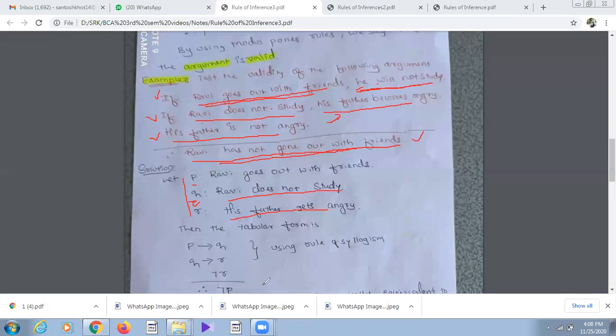Then you have to form the symbolic form. The first premise is a conditional, an if statement.